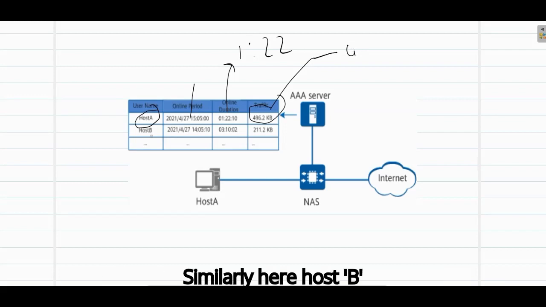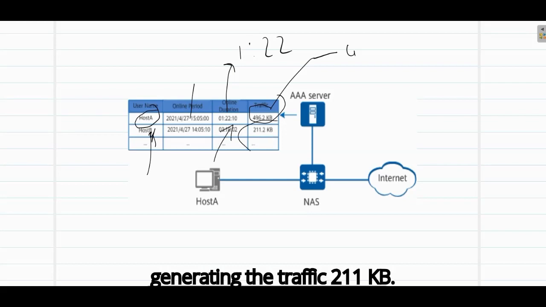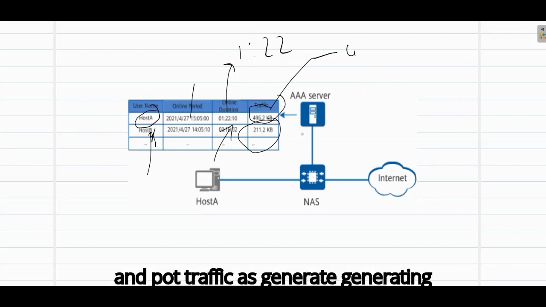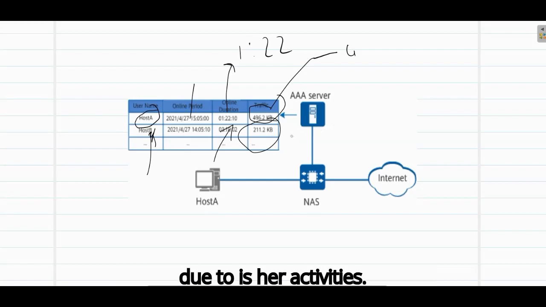Similarly, here host B is also online for the last 3 hours and generating 211 kb of traffic on the network. In this way, we can trace and track the activities and what traffic is generated due to his or her activities.